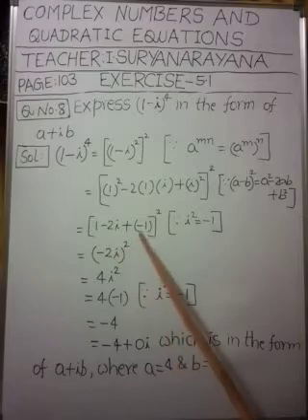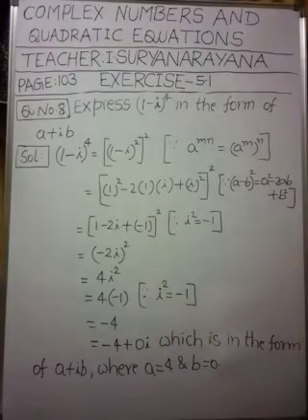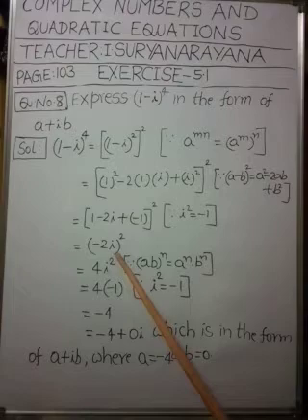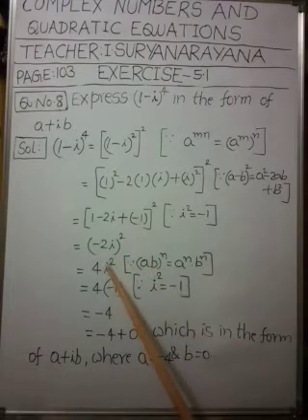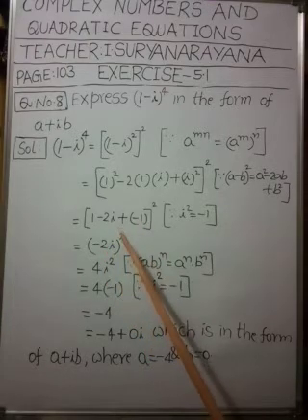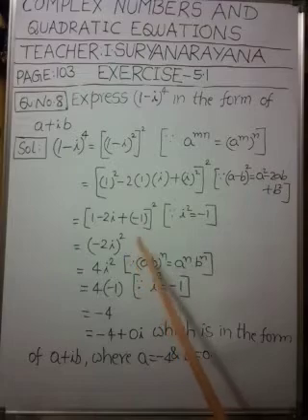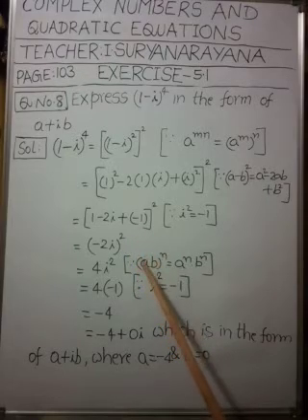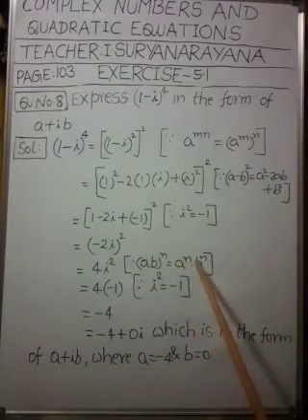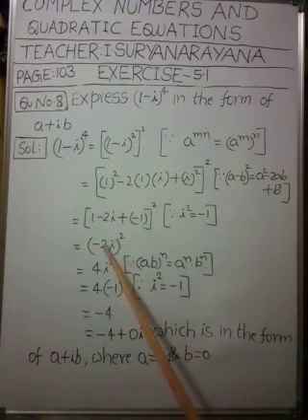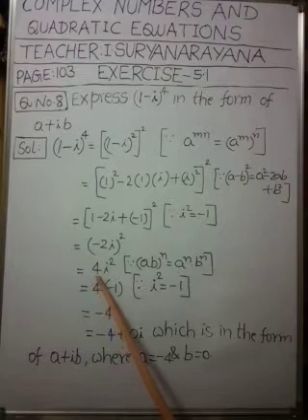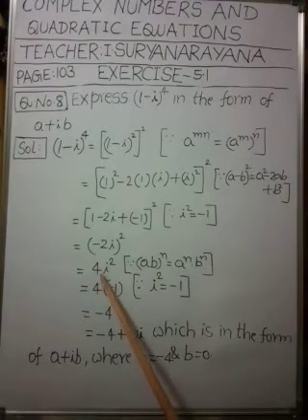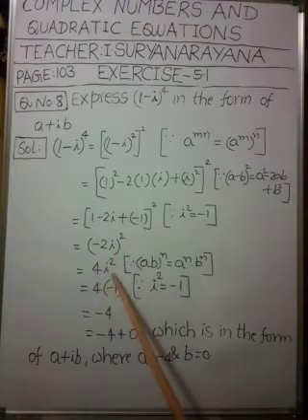By using that law, minus 2i whole square can be written as minus 2 whole square into i square. So minus 2 whole square, what is the value? I wrote the value of that number directly here for i square. Understood this step, my children?